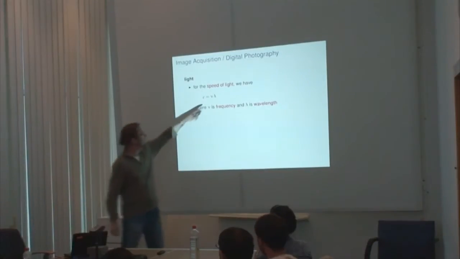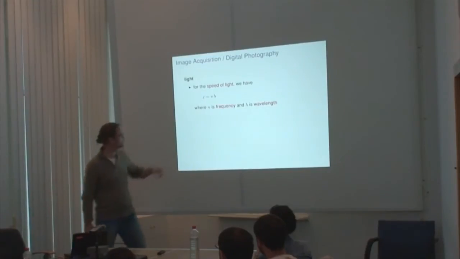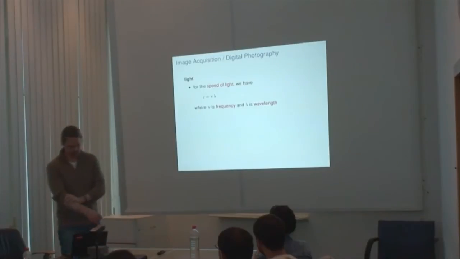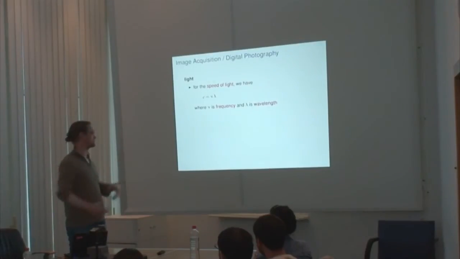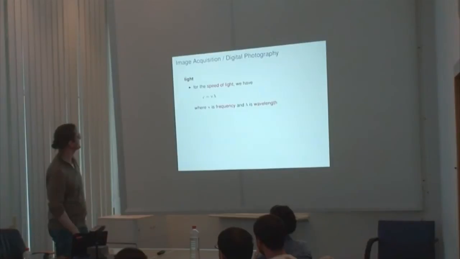So this is the Greek letter nu, and this is the Greek letter lambda. In Latin letters that would be N and L, but typically these things are referred to using the Greek letters, so I will also use the Greek letters. For those of you not so familiar with them, it's probably a good idea to get used to that. Whenever we encounter a new Greek letter, I will inform you about it.